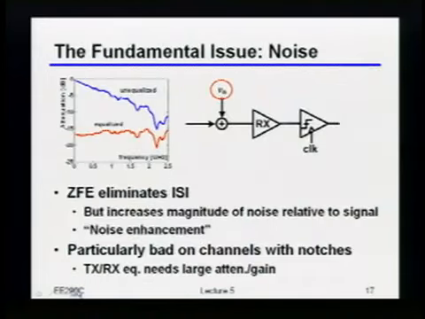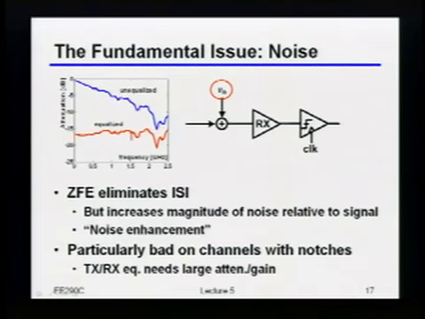The real fundamental issue, which we hinted at earlier, is that if you look at what your transmit FIR filter is doing, if this was my unequalized response and I wanted to flatten it out all the way to 2.5 gigahertz, my only choice is to knock everything down to the worst case loss. So I'm literally throwing away a bunch of signal.